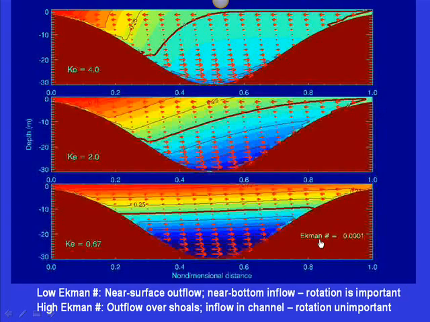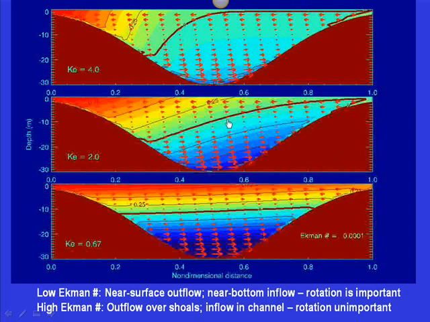So we're going to see here an animation of how these patterns change as we change the Ekman number. Right here you can see how the Ekman number changes. We have a very low Ekman number, so this would be a geostrophic flow. That's why in a wide system you have the outflow leaning toward this side and the inflow to this side, and you have the lateral flow looking like that.